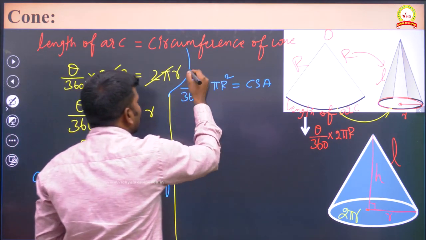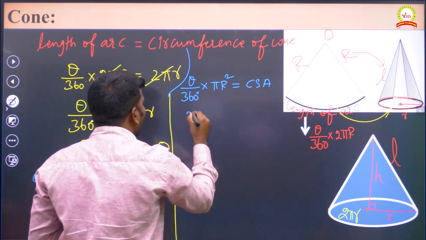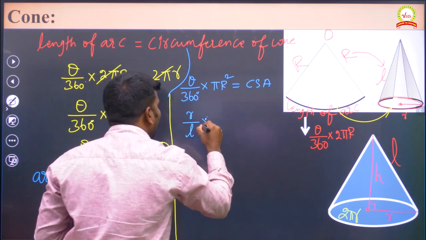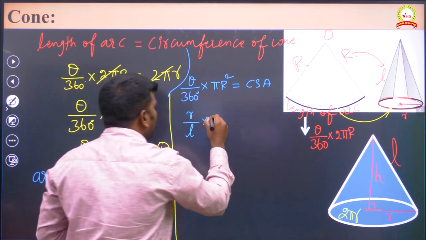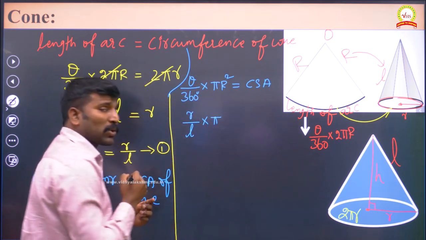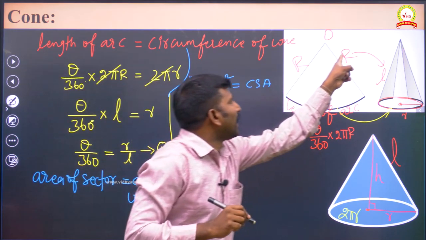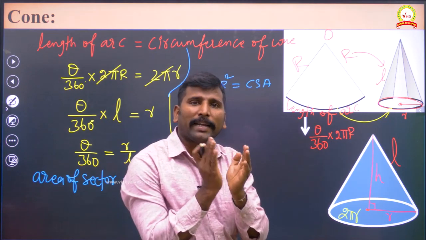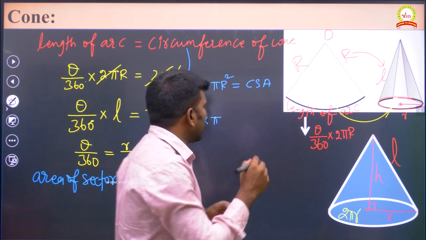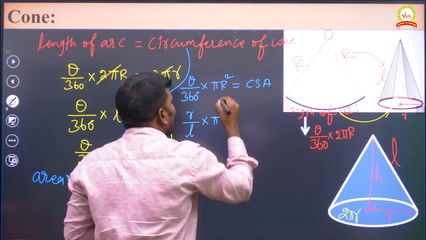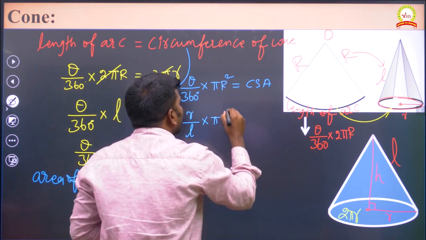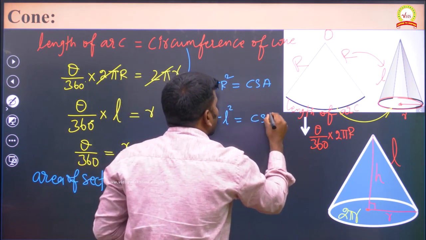I am using this: instead of theta by 360, R divided by L, multiplied by pi R square. I said R and L are equal, because the slant height and the capital radius became equal. So instead of R square I use L square, equal to CSA.